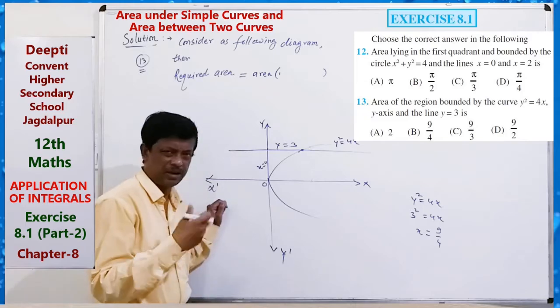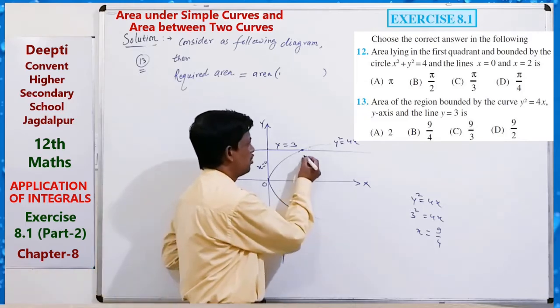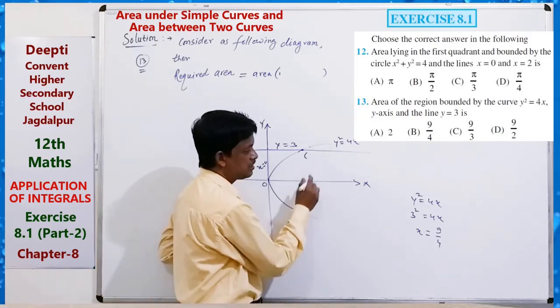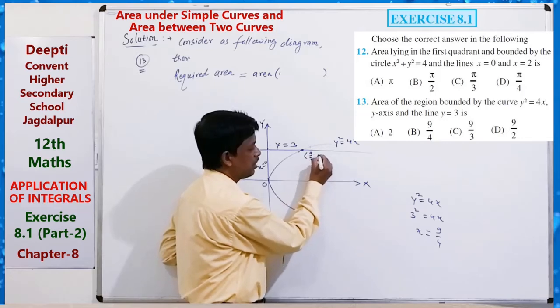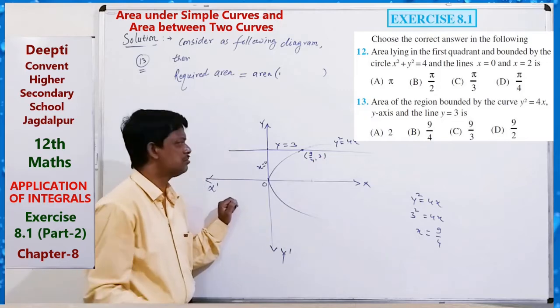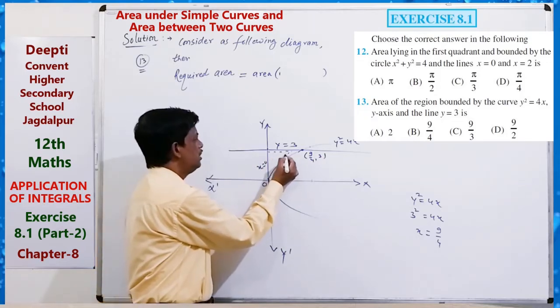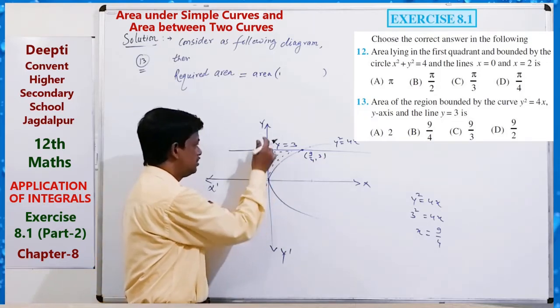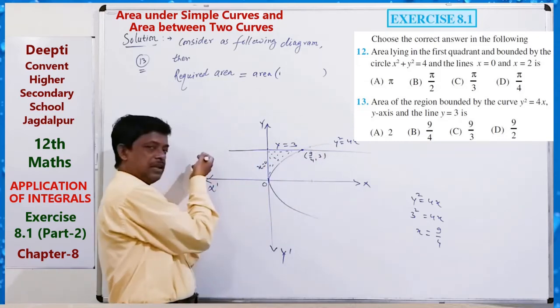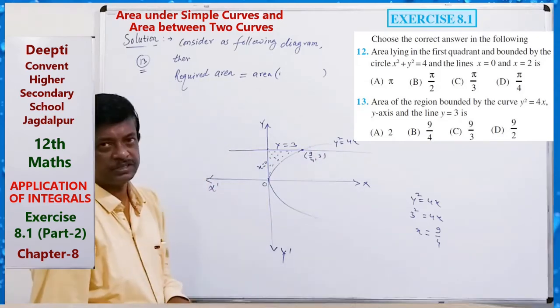But it is not required for this question, for this corner point. Here x equals 9 by 4 and y equals 3, but we require only y, so this part we have to find, because of this curve and this line.